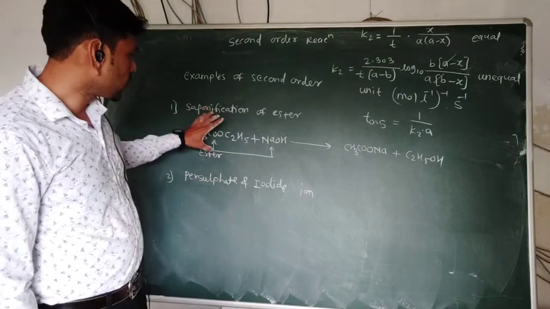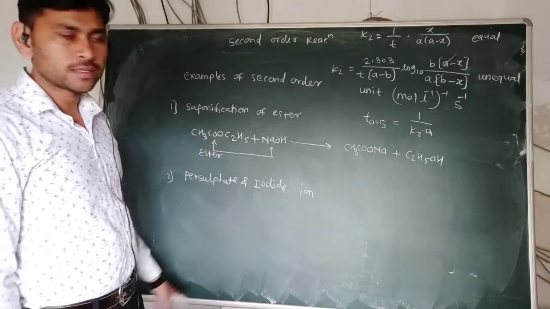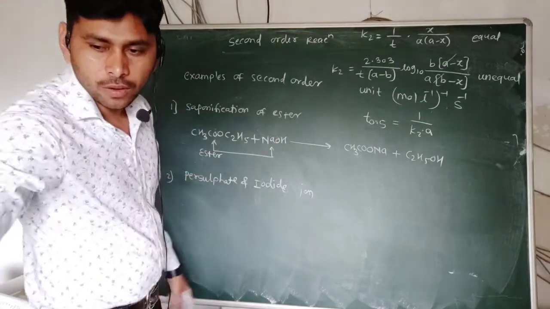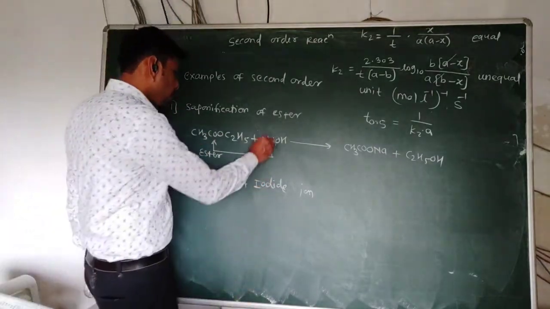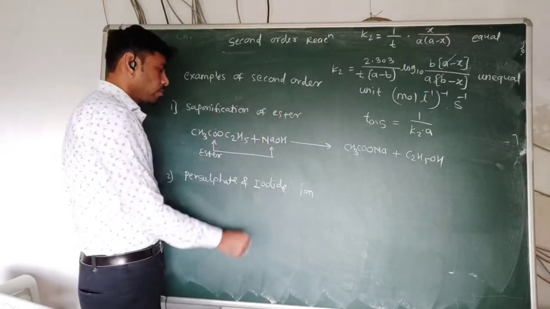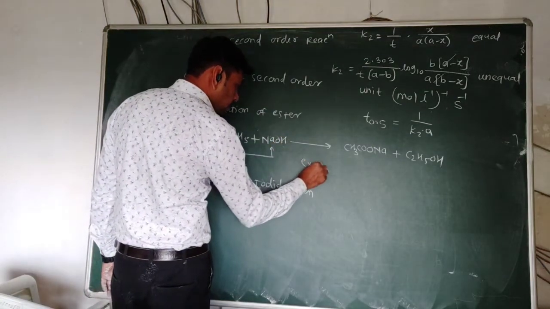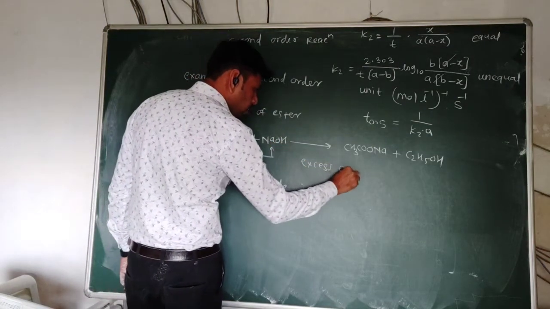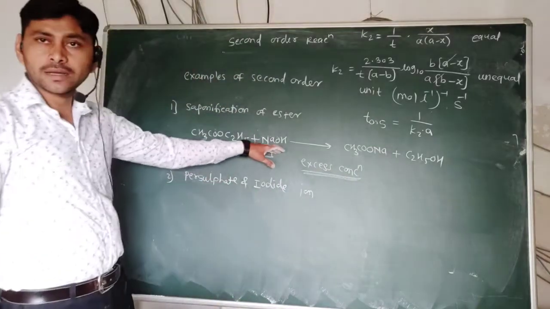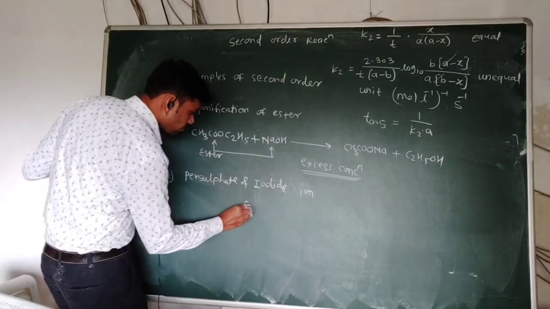So in second order, if the concentration of any one reactant changes, there will be a change in the overall rate of reaction. Now sometimes if one of the two reactants is taken in excess concentration, then the reaction becomes first order.